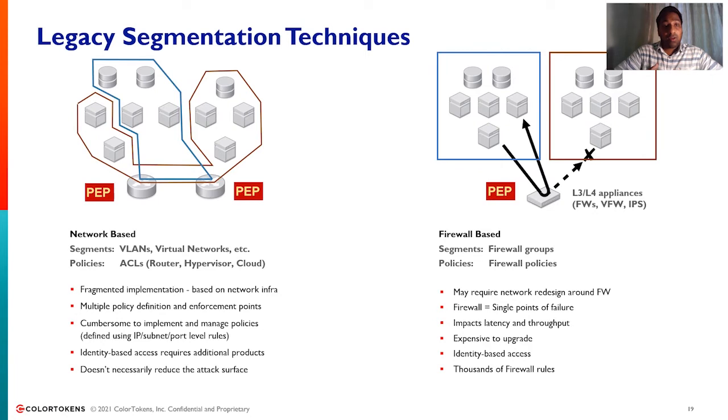Moving on, now we will talk about legacy segmentation techniques that organizations currently use. Mostly organizations use network-based segmentation like VLANs and virtual networks. Sometimes they tend to define ACLs in routers, in hypervisor platforms, and in cloud environments. That is a very cumbersome process where you have to manually enter all these details or create VLANs.